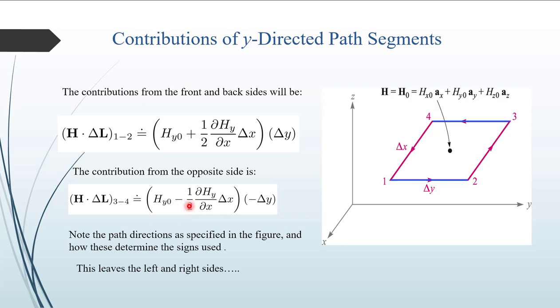Because of that minus sign, if I add it to the hy naught component, it becomes hy naught minus 1 half dou hy by dou x into delta x, right?